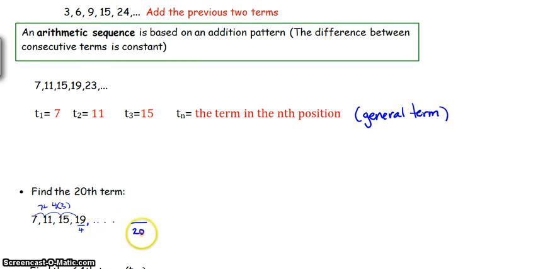So if I want to get to the 20th term, I want to add 4 19 times to my first term. And when I plug that in, 4 times 19 plus my 7, I'm going to get the term in the 20th position without having to add 4 until I get there.